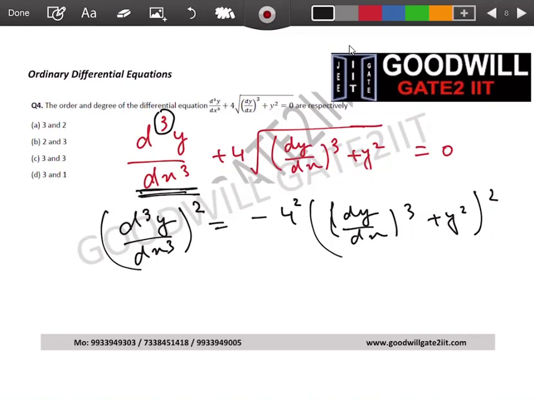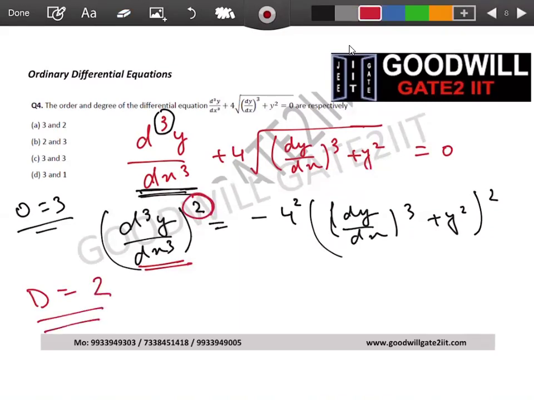My order is 3 because this is my highest order derivative and it will remain the same, whatever the power may be. So the order is 3. And what about the degree? What is the degree of this highest order derivative? It is 2. Yes, you are correct. So the degree is 2. So the order is 3 and the degree is 2.